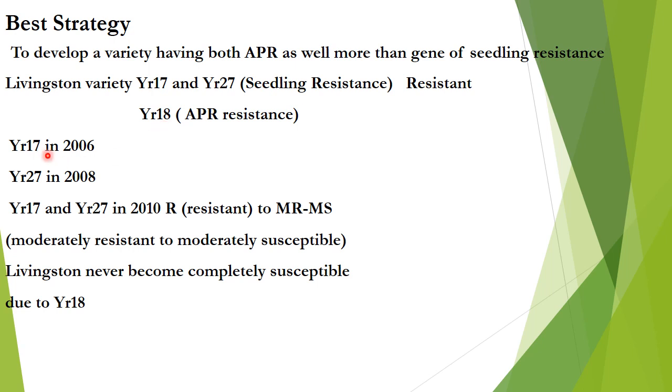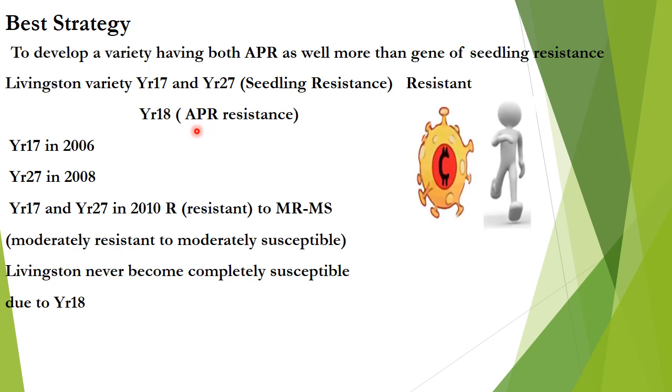That is a success story: if a wheat variety has both seedling resistance and APR genes, there is a chance that it can survive for a longer period of time. That is why pathologists are trying to incorporate both in varieties.